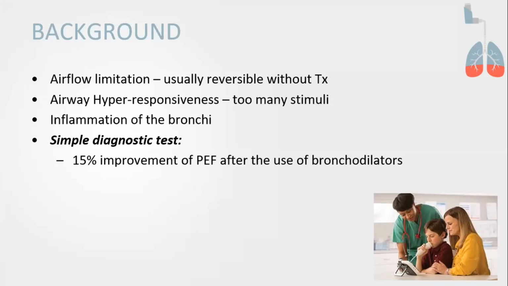But the difference between asthma and, let's say, COPD is that when you take the peak flow reading, you'll find there's an improvement of over 15% in their peak flow reading after they take the bronchodilator, as opposed to an irreversible airway change like COPD, where you'll find no improvement. So reversible versus irreversible.